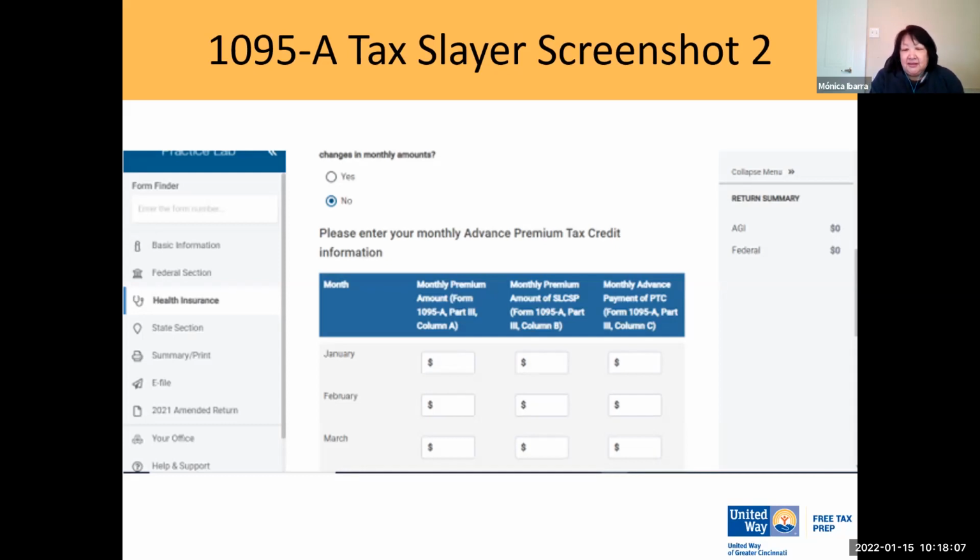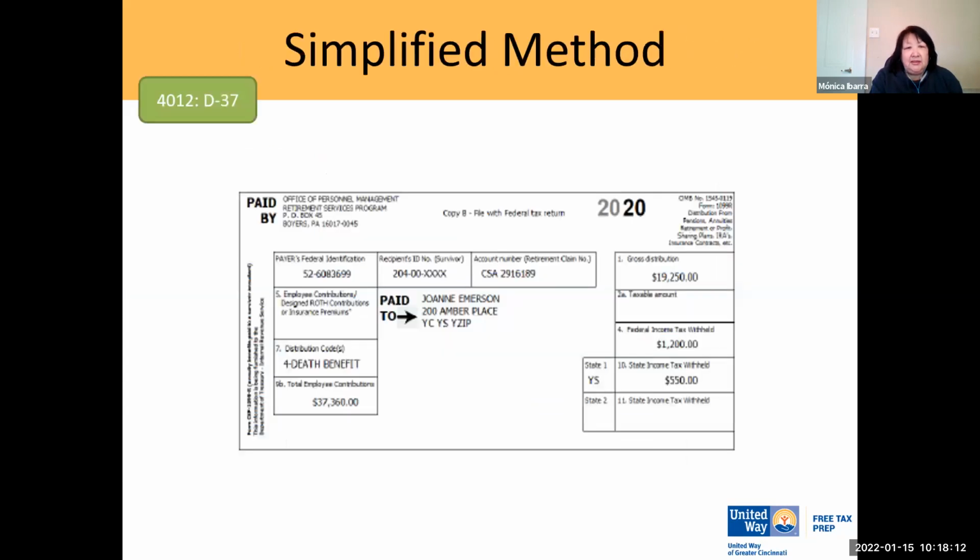All right. So let's move on to the simplified method. So here we are. We're back to talking about income, and this is for retirement income. This is a 1099-R. This is the form where retirement income is reported.